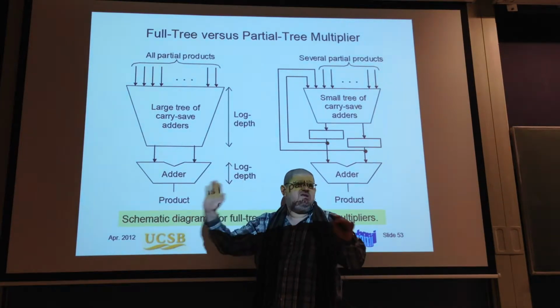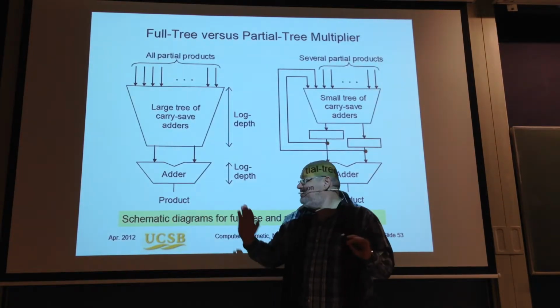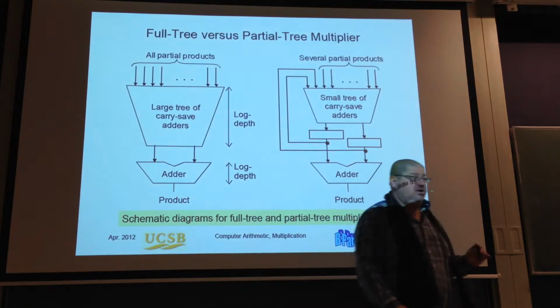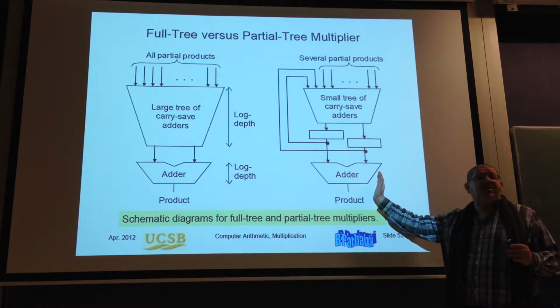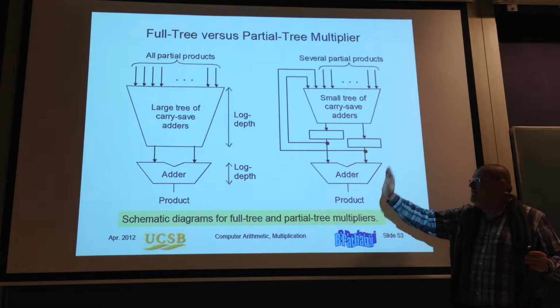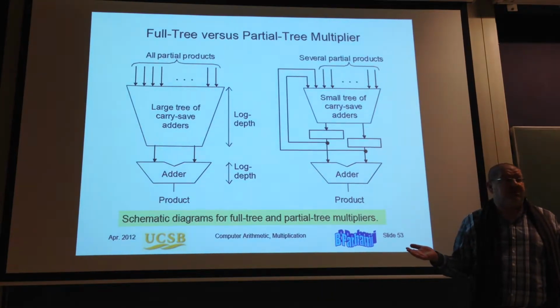Then I will stick with normal binary representation. If I cannot afford that, I will have a partial pre-multiplier. The only difference between them is that this computes in one cycle and this will require a number of cycles. The rest, the organization, is the same.